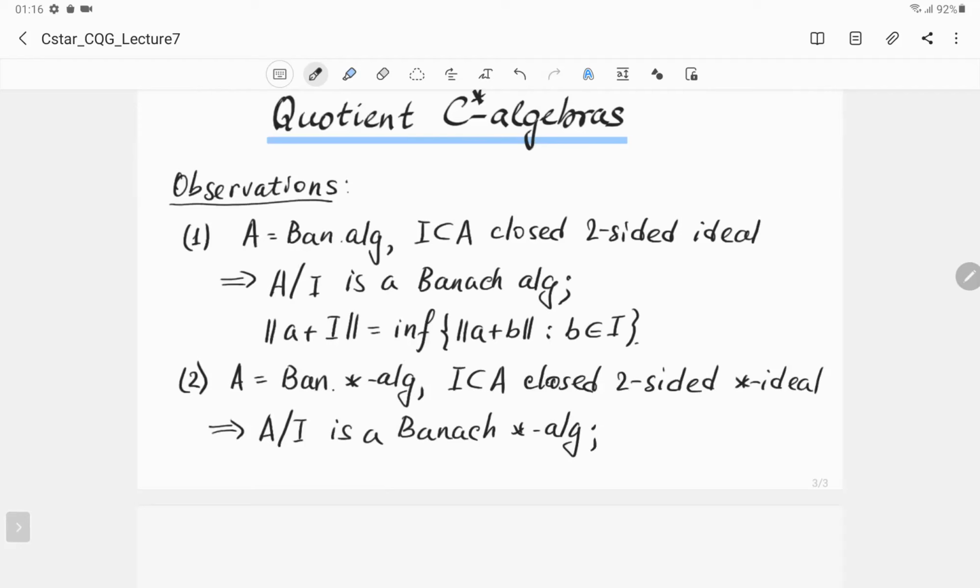So the norm is given by the above formula, and the involution is also quite obvious. So this is very easy.